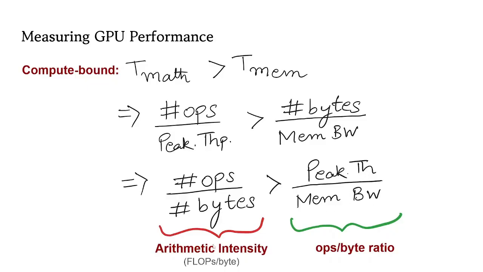The left quantity is called the arithmetic intensity of an algorithm, and it's a property of the algorithm. It's measured in flops per byte. The right-hand side is a property of the GPU, the hardware device, and this is called the ops byte ratio. This quantity tells us, for every byte of data I'm getting from memory, how many operations my algorithm is doing.